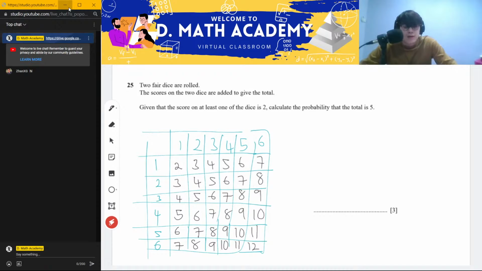And then they want you, given the scores on at least one of these 2 dice is 2, to calculate the probability that the total is 5. They first wanted the total to be 5. And how many totals of 5 were there?